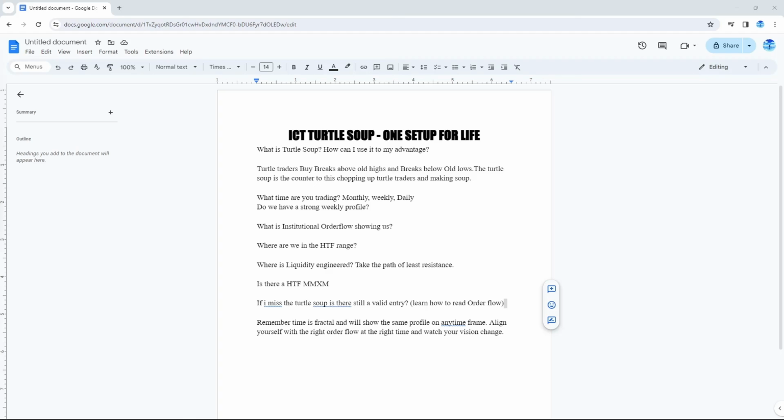And always stay within that weekly profile. Like we did, we had the Wednesday low of the week, Thursday closed above, and it's so full that a monkey could look at it and see it's going to keep going up.